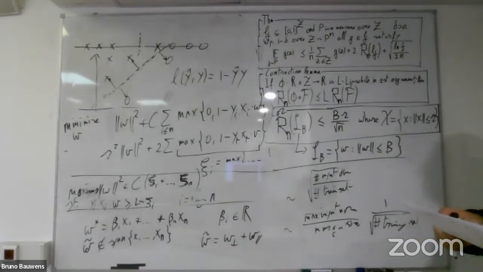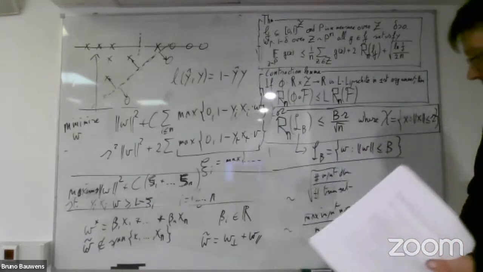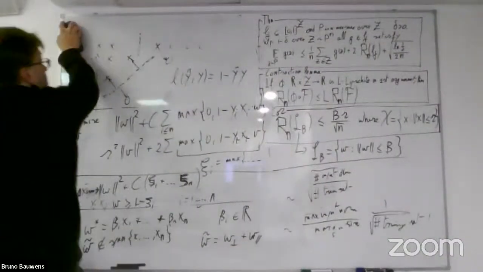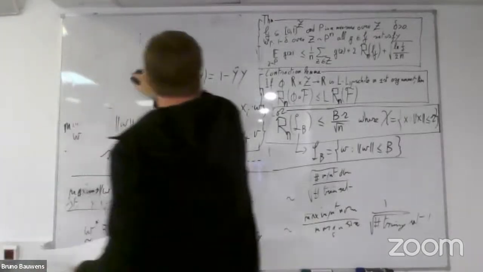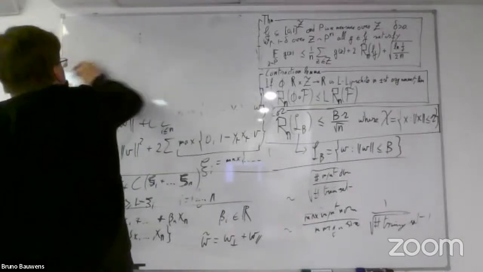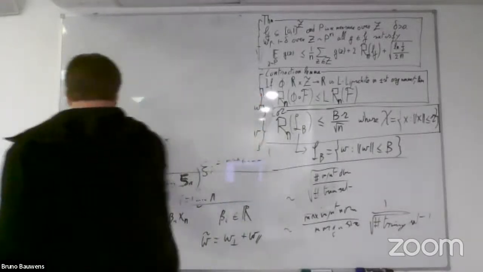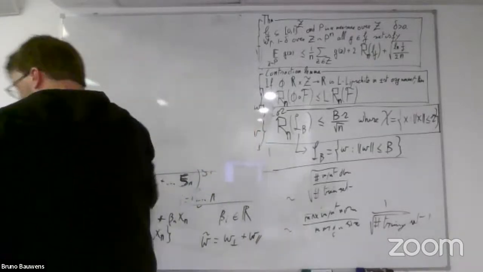Okay, so this is our plan, but to obtain this, we need to introduce margin risk. So I will use a special loss function. Maybe I should keep the objective function.